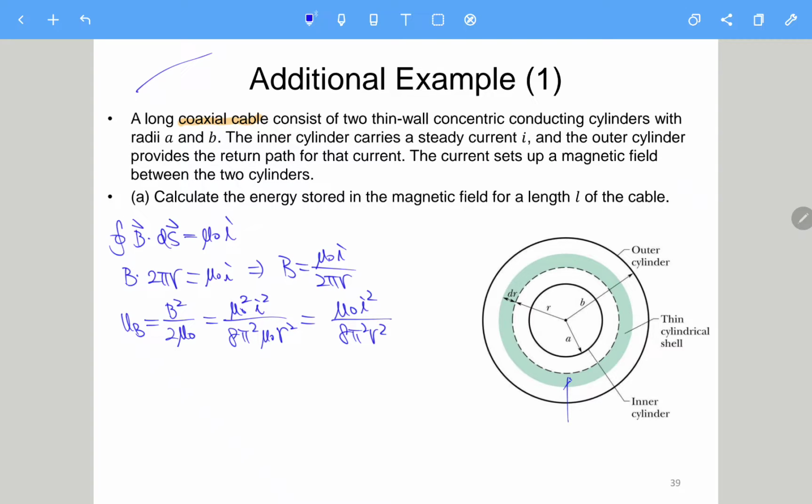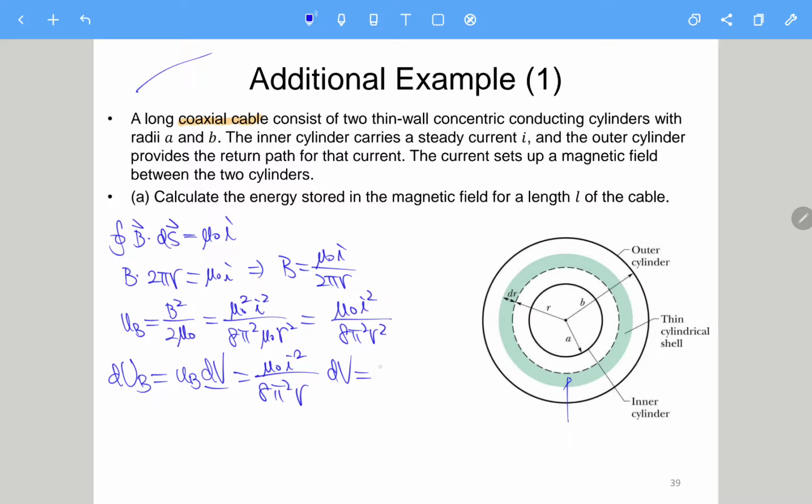So finally, we need to do the integration. Before that, we can write it as dU_B. This capital U stands for the total energy. The total energy will be small u_B times the small volume, so this is the volume. It becomes mu 0 I squared over 8 pi squared r squared, and then dV.